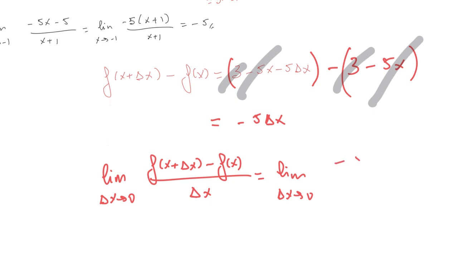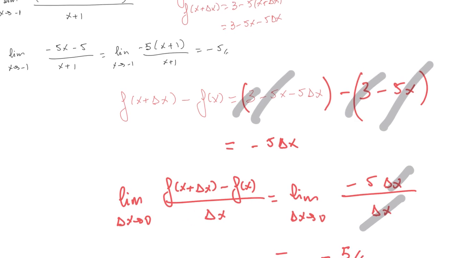It is minus 5 times delta x divided by delta x. Well, we know how to do this limit. Delta x divided by delta x is 1. So the limit will be minus 5. But this is something that we knew from the beginning, that the slope of a rectilinear line is minus 5.